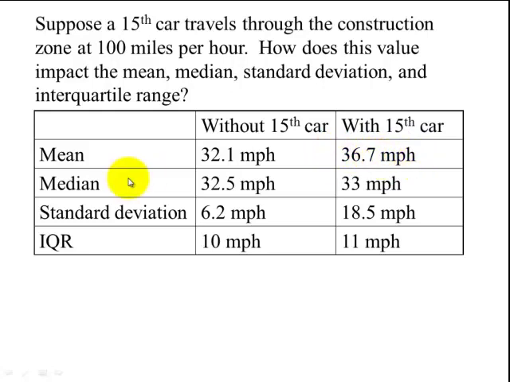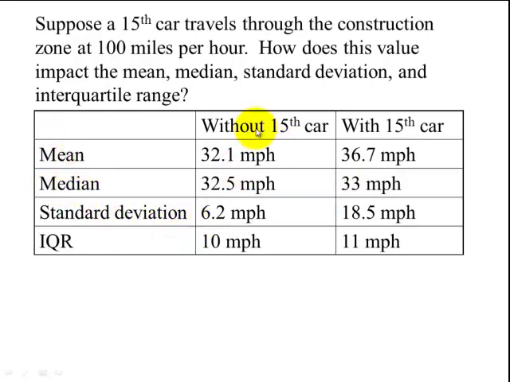The median without the 15th car was 32.5. With the 15th car, it goes to 33 miles per hour. So this 100 miles per hour had a bigger effect on the mean than it did the median. And if you recall, the median is more resistant to outliers than the mean.